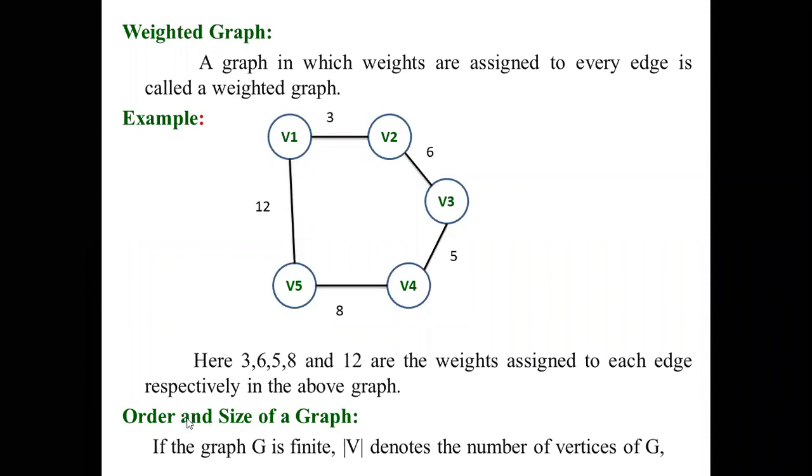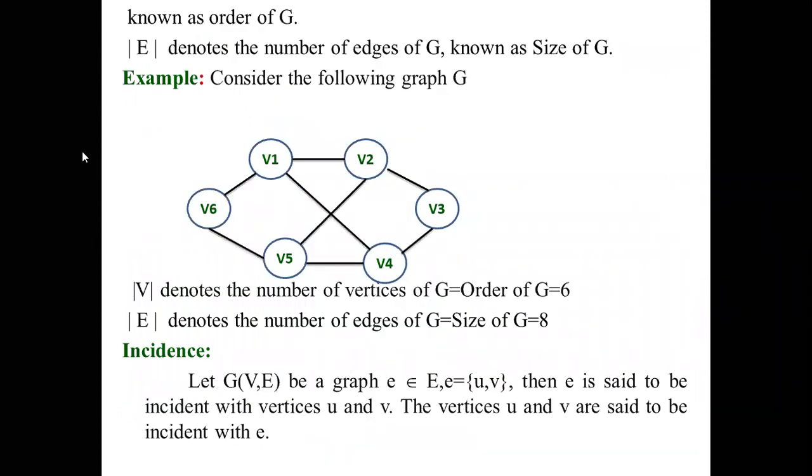Next one, order and size of a graph. If the graph G is a finite graph, then the determinant V denotes the number of vertices of G, known as the order of G, and the determinant E denotes the number of edges of G, known as the size of G. Here G means the given graph.